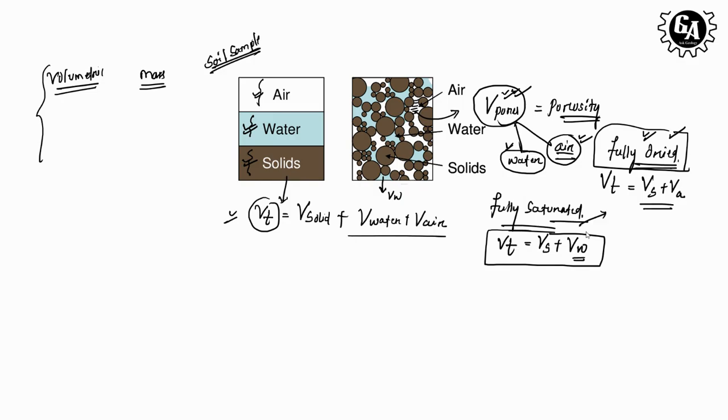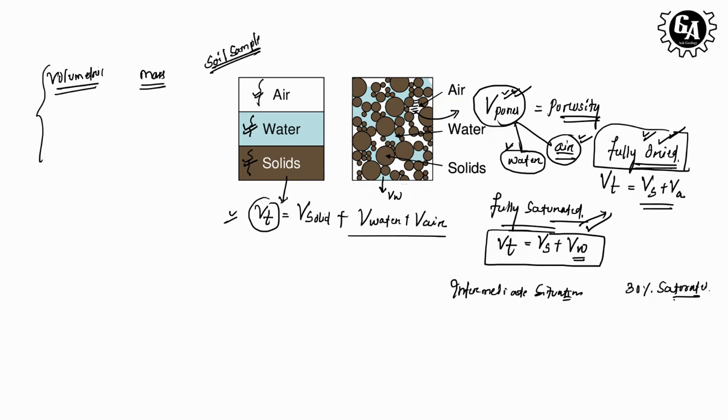But in nature we do not find this association. So there is the possibility of an intermediate situation, if it is not fully dried and not fully saturated. Let's say this is 30% saturated.